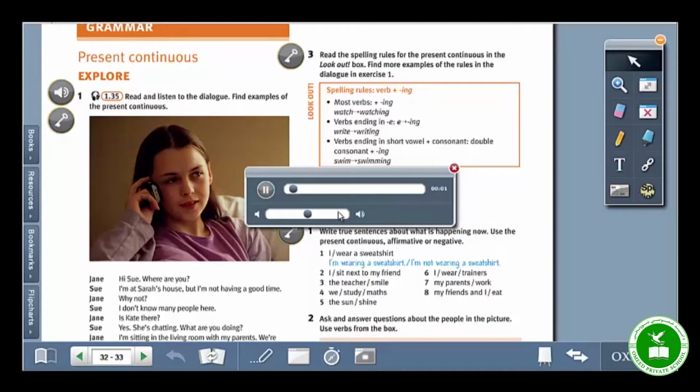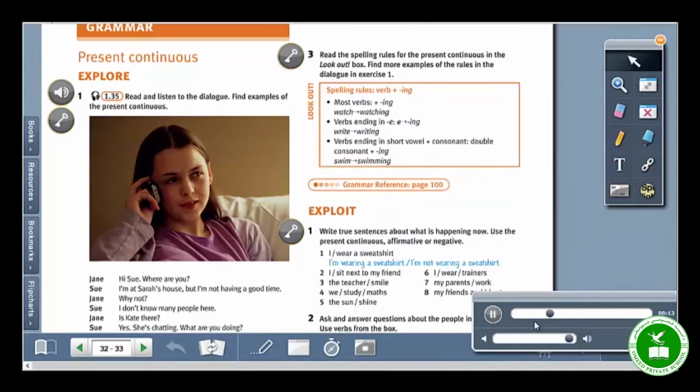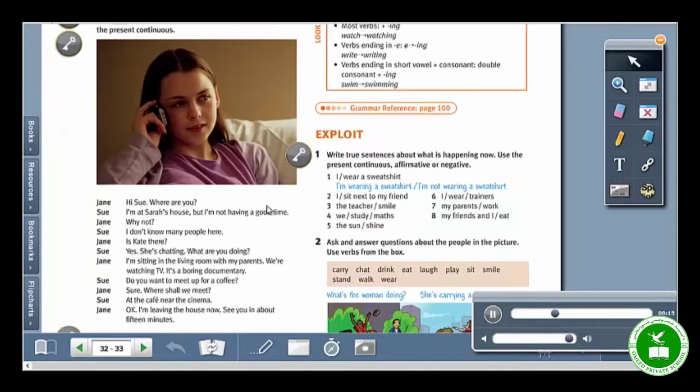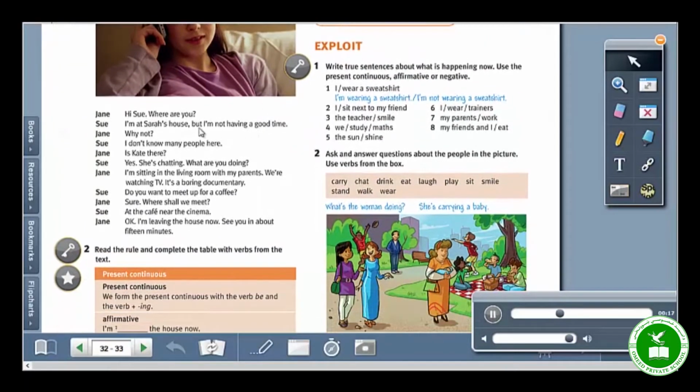Unit 4, page 33. Grammar. Explore. Exercise 1. Read and listen to the dialogue. Hi Sue, where are you? I'm at Sarah's house, but I'm not having a good time. Why not? I don't know many people here. Is Kate there?